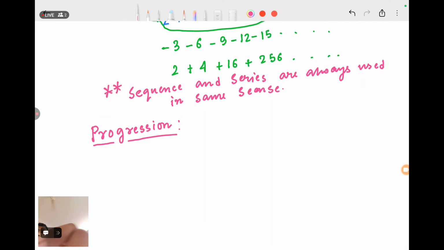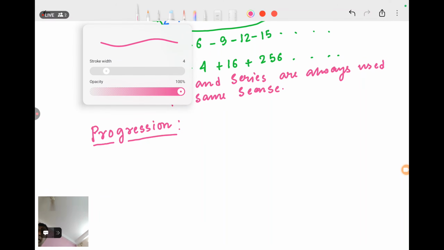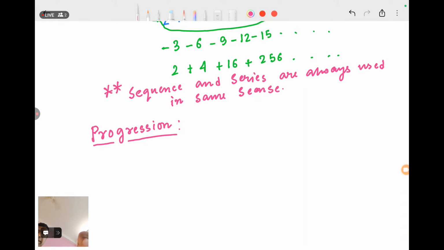When the members of a series are written in a definite manner or definite order, it is known as progression.